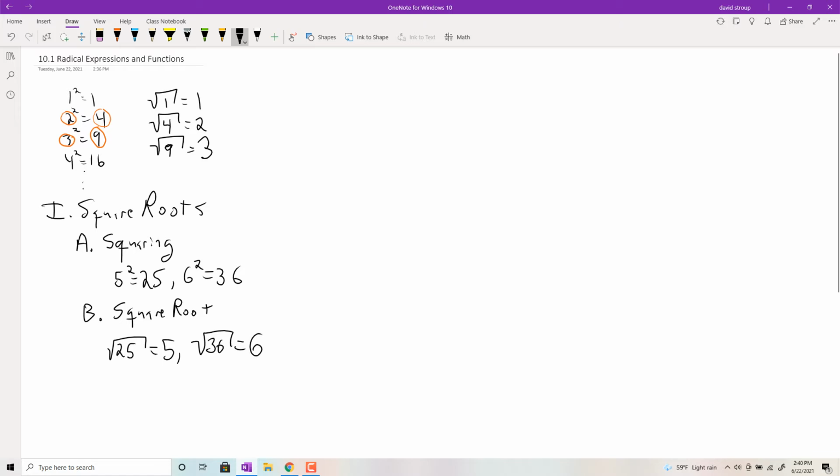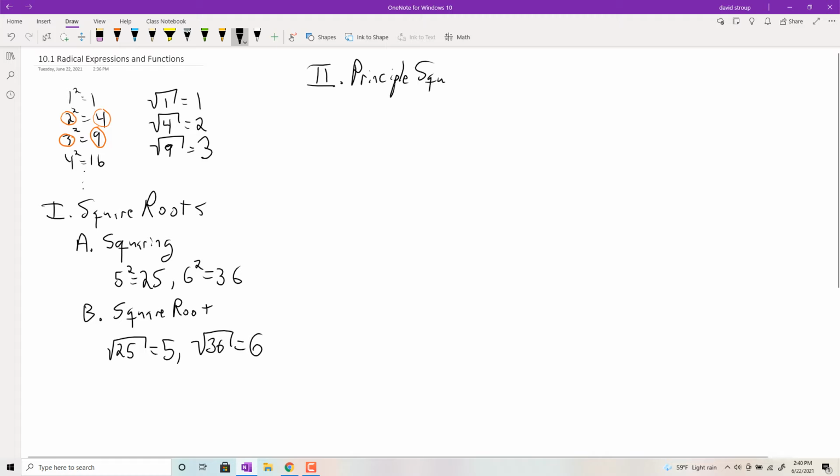Okay. So what is the issue that I've alluded to? It comes up when you introduce the idea of a principal square root. Basically, notice the following phenomenon. We have 5 squared equals 25, and negative 5 squared equals 25.